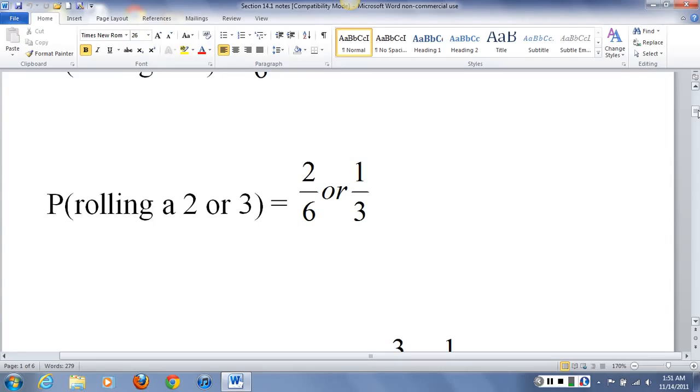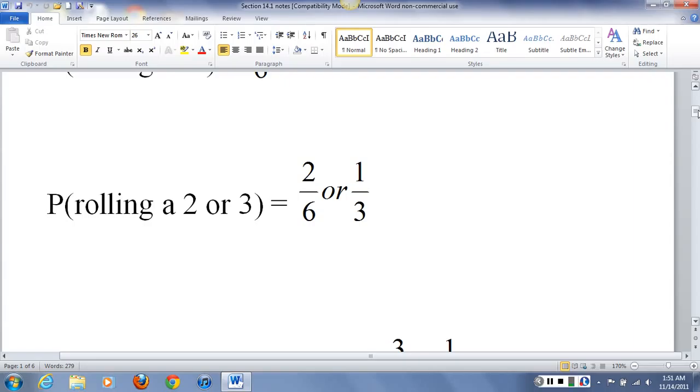That's why I'm saying an outcome is a single particular result with a single probability, whereas an event can be multiple ones. And since we have 2 chances of getting that, it's 2 out of 6, or you can say 1 out of 3. In terms of probability, I don't have a big preference if you reduce.